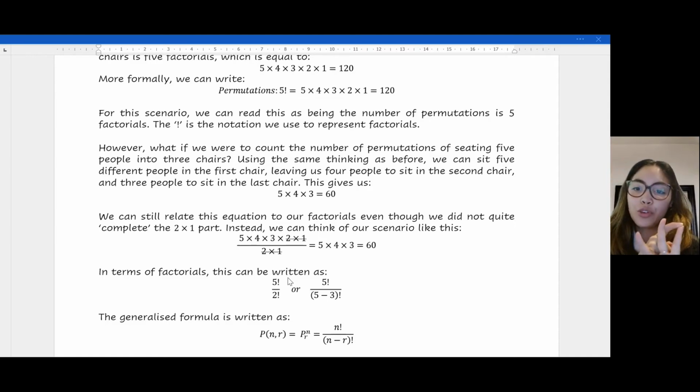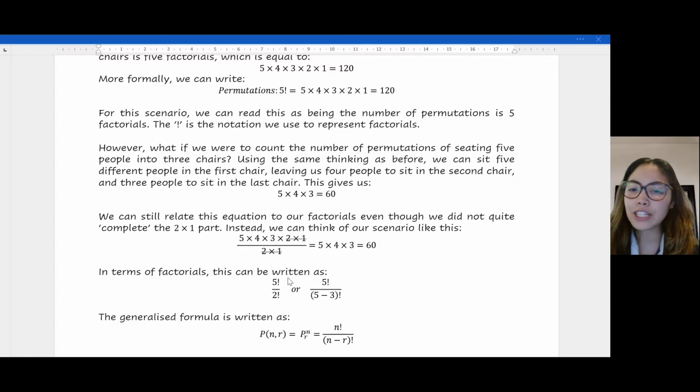Now, because one person is already seated, I've only got 4 people left that could possibly be in that second chair. And then finally, in my third chair, because I've already seated 2 people, there are now 3 people left that could possibly sit in that last chair. So the number of outcomes of this is 5 times 4 times 3, which gives me 60.